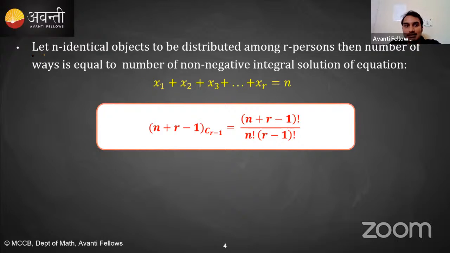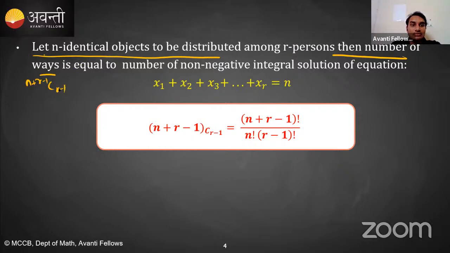Study this statement: let n identical objects be distributed among r persons, then the number of ways is n plus r minus 1 C r minus 1. This statement says that the number of ways is equal to the number of non-negative integral solutions of the equation x1 plus x2 up to xr equal to n.